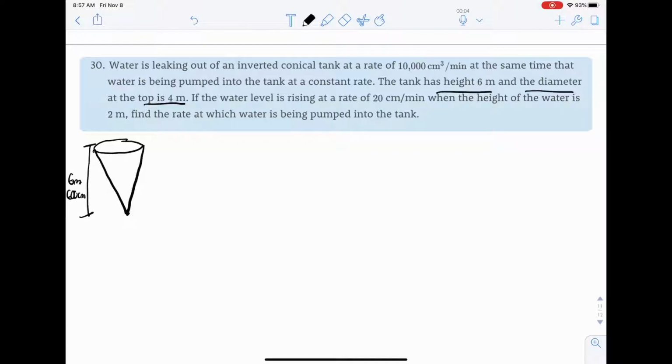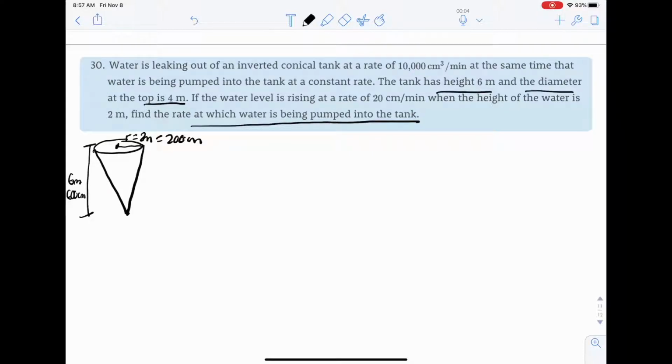And the diameter is 4 meters. So that makes the radius 2 meters, which we know is equal to 200 centimeters if we convert it. And we're asked to find the rate at which water is being pumped into the tank.